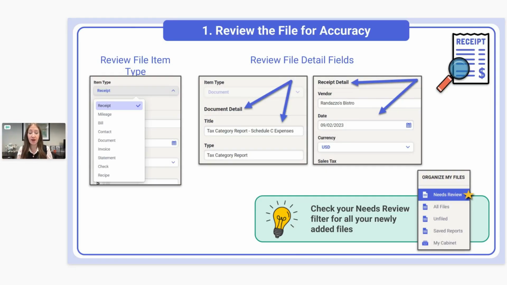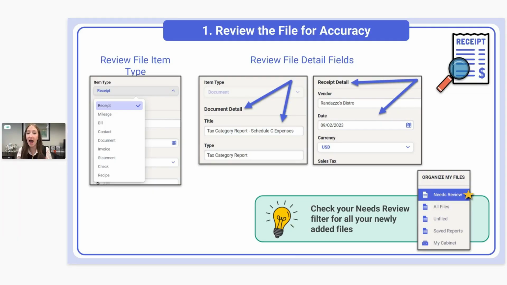Now, you'll see in my slide here that I have 2 different item types. I have a document to the left and a receipt to the right. And you can see how the document has very specific file fields such as title and type, whereas receipt has different file fields such as vendor and date and currency. And so you need to be careful about which item type you select.